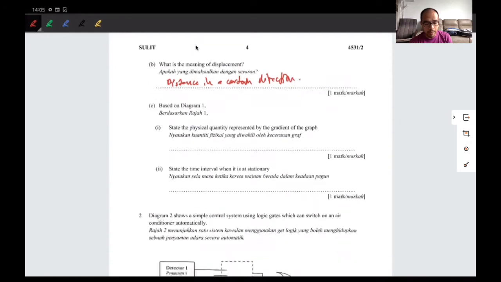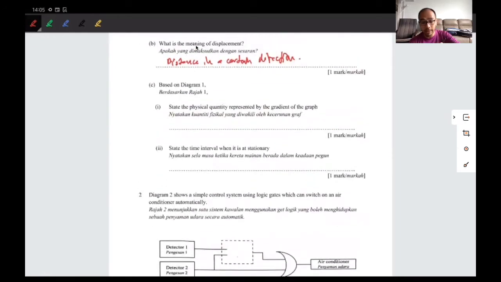Now, based on diagram 1, state the physical quantity represented by the gradient of the graph. This is a very common question, especially if it is question 1. Sure, they will ask one. If it is a displacement time graph, the gradient of the graph will represent the velocity. Next, state the time interval when it is stationary. Stationary means not moving, alias the velocity is 0, otherwise also known as the gradient is 0.